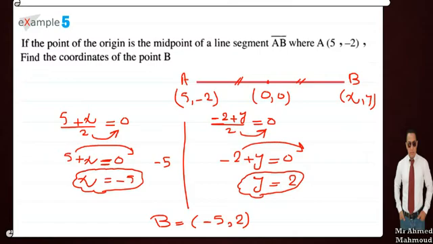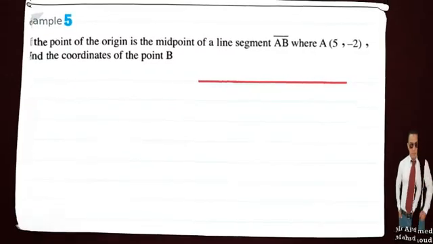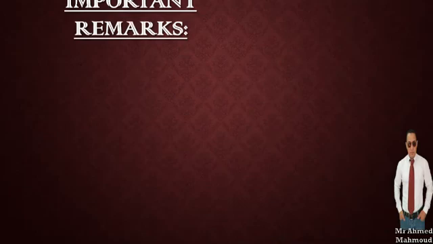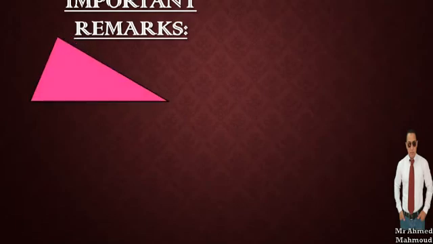Now I'm going to study some figures where we use the coordinates of the midpoints. These are important remarks. The first figure is a triangle, and of course we studied the median, this line which is called the median of the triangle.